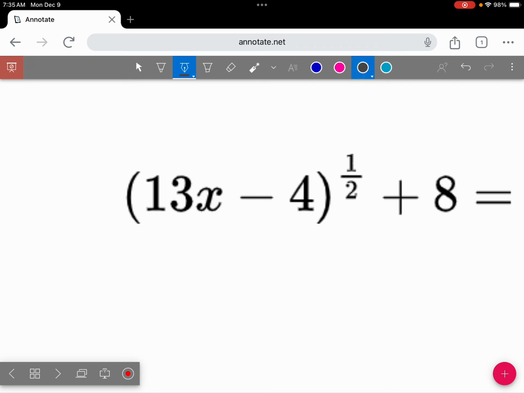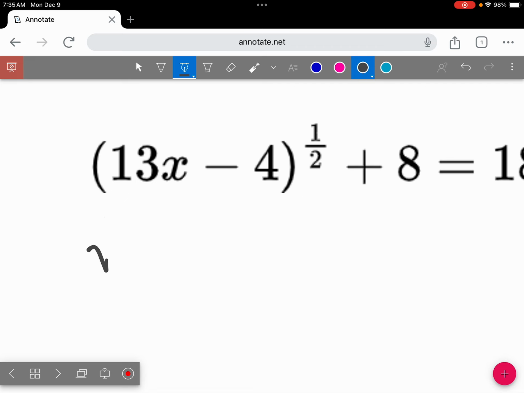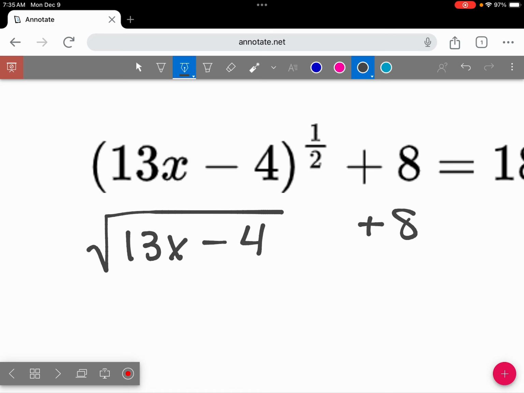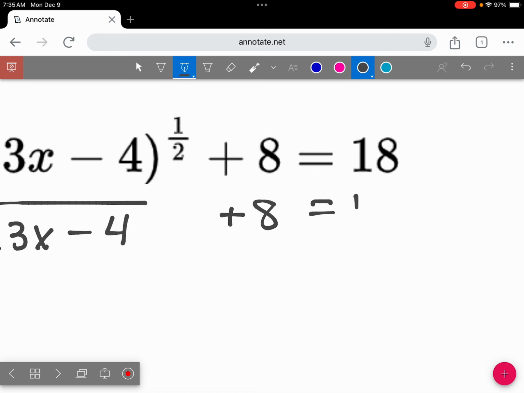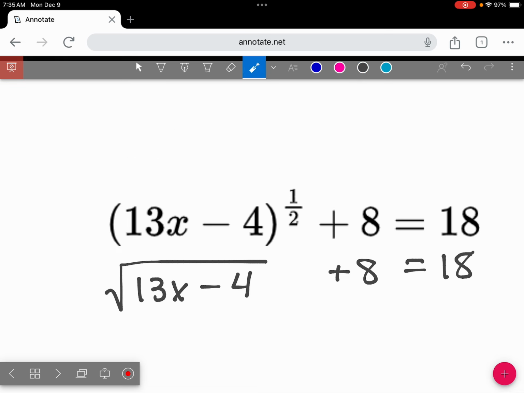This is 100% the exact same thing as saying the square root of 13x minus 4 plus 8. That is what the fraction powers mean. The denominator of the power is the index of the root.